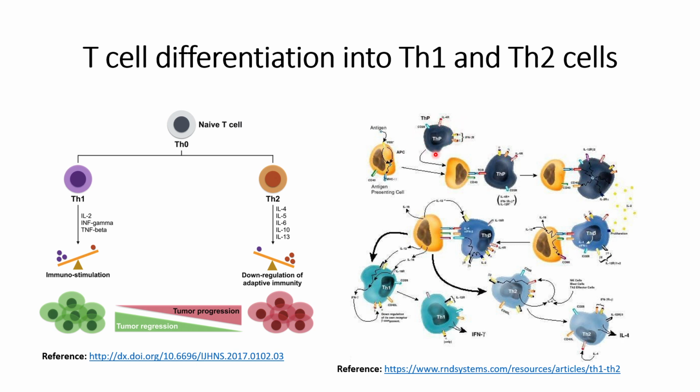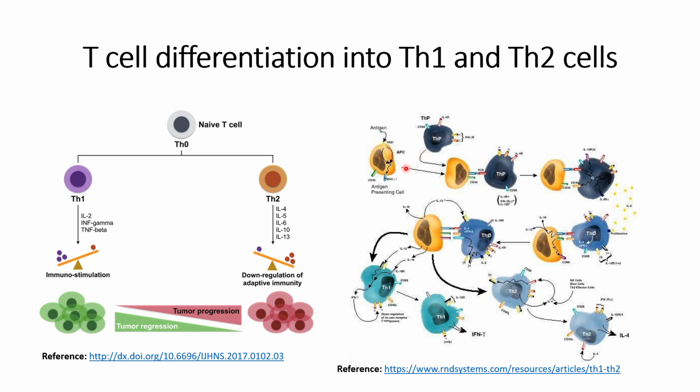THP cells are T helper cells which are polarized. That is, they can be differentiated either into Th1 cells or Th2 cells.